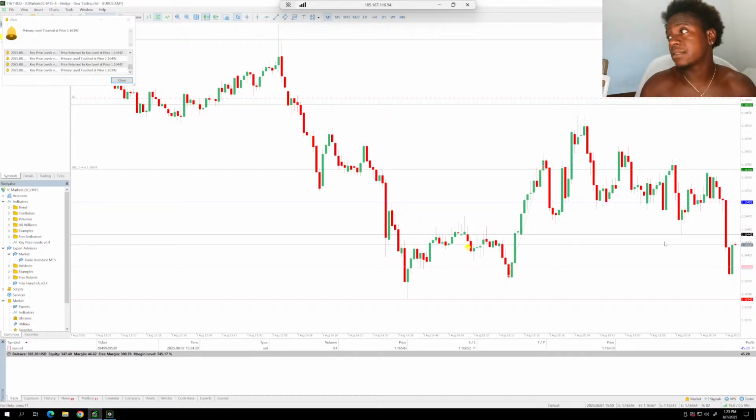Let's wait for the next strike right here, and then we will trail our stop loss.